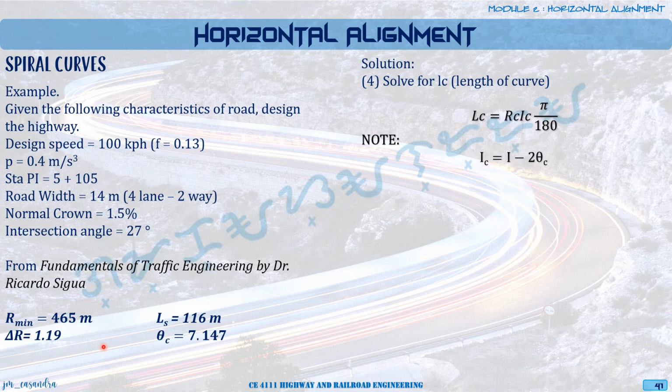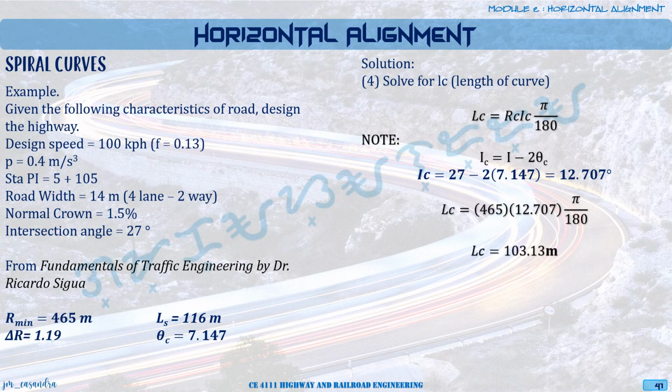IC is simply equivalent to I minus 2 theta C. So this is taken from our figure before. And here, IC is equal now to original intersection angle is 27 minus 2 times our computed theta C, 7.147 degrees. So the new intersection angle of the circular curve is at 12.707 degrees. So from here, we can now compute for LC, and it's equal to 103.13 meters.